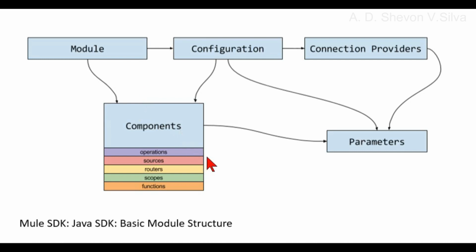Here the operations are one of the most important Mule concepts because they represent the actions your module can perform inside the flow. You can use them to process incoming messages through business logic that is implemented in the module.